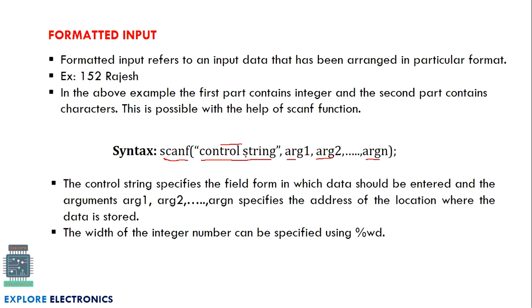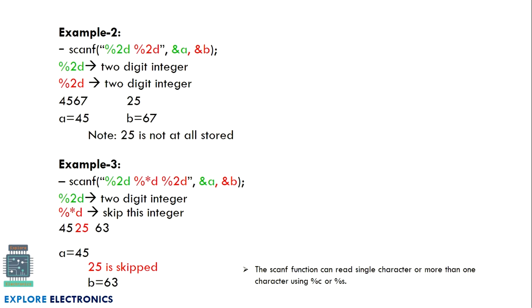Let us understand what the different control strings are to format the input. Here there are 2 simple examples. Here you can see we have scanf and we have written %2d %2d, ampersand a and ampersand b. This is address 1 and this is address 2.